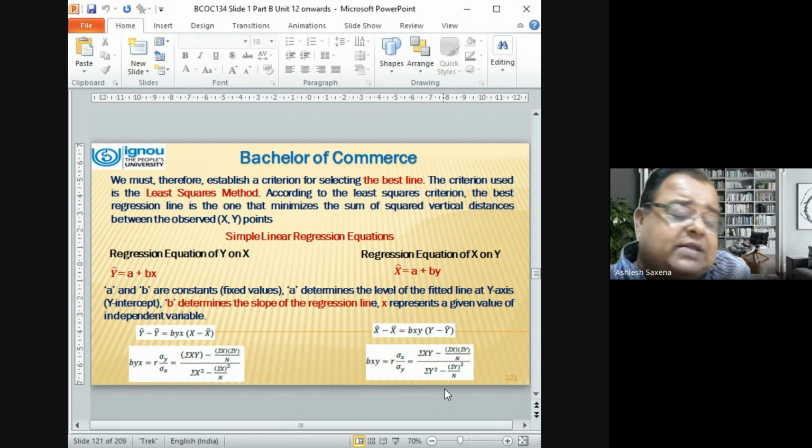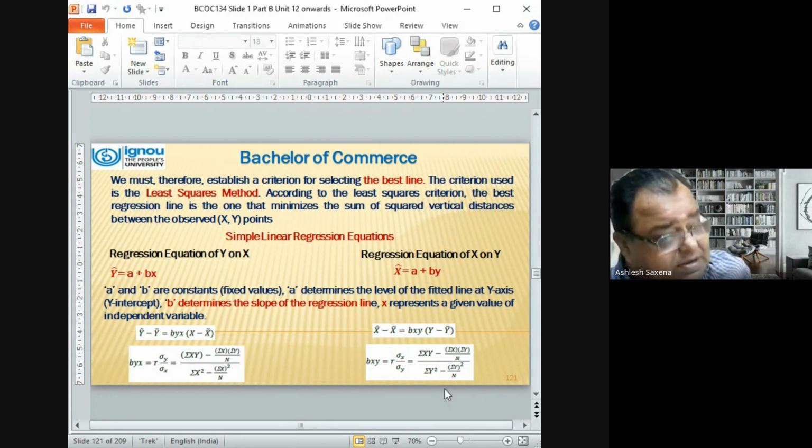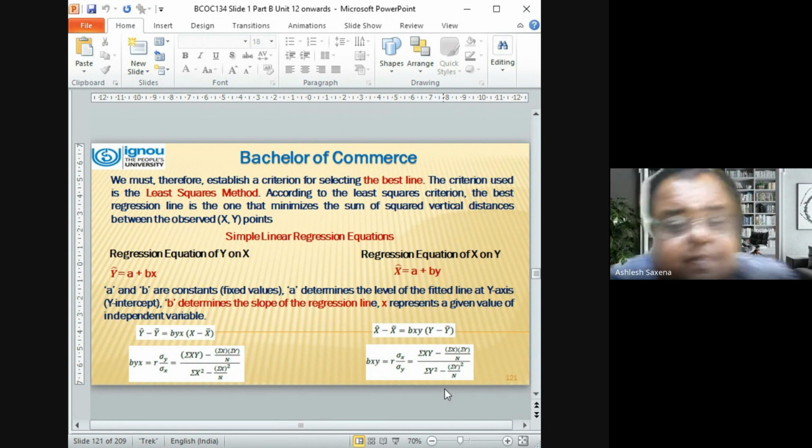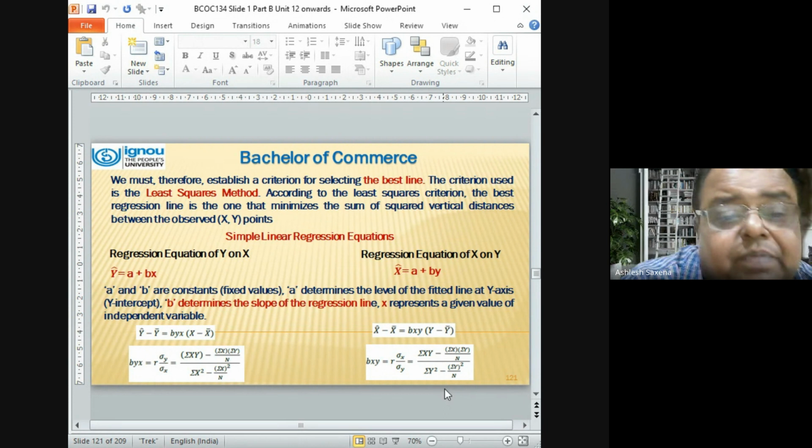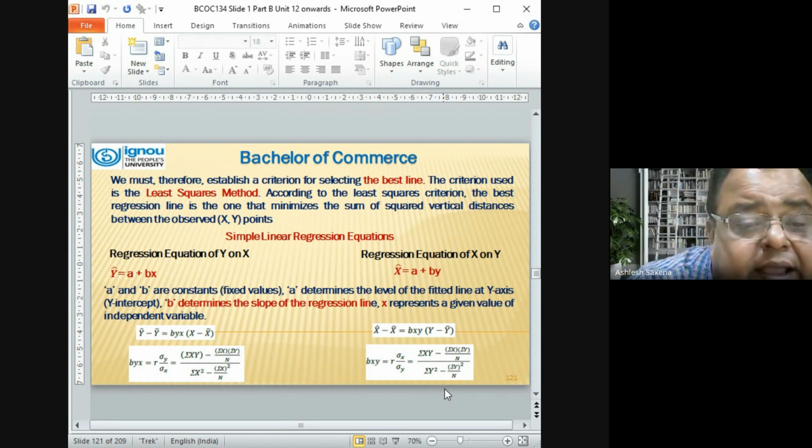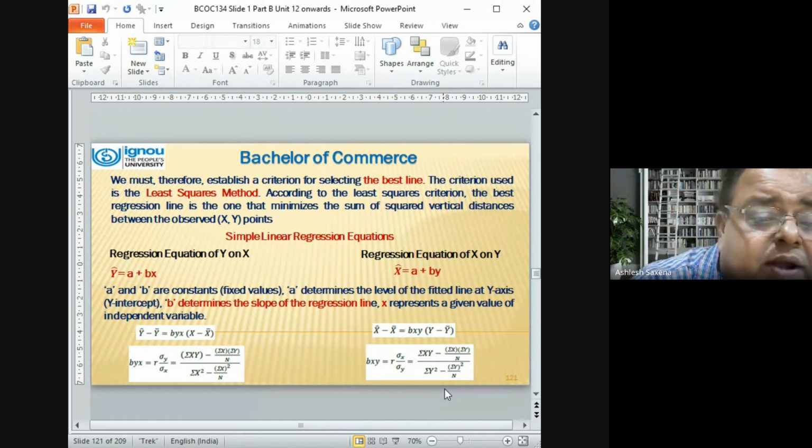Sigma y is the standard deviation of y and sigma x is the standard deviation of x. If the standard deviation is not to be calculated, then we can apply another formula, which is equal to summation xy minus summation x summation y upon n, whole divided by summation x square minus summation x whole square divided by n.